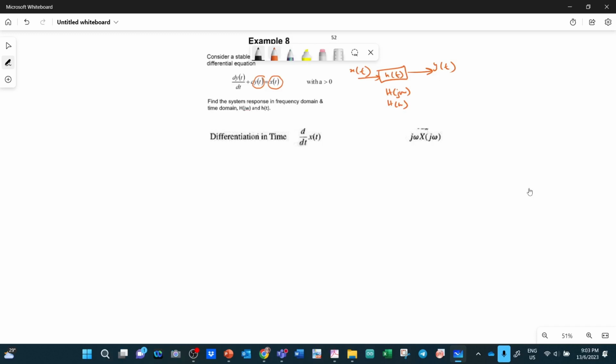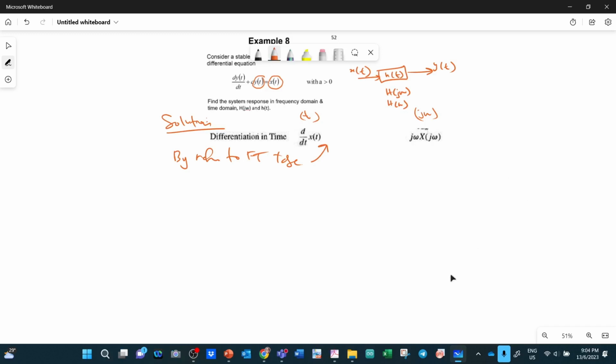So by referring to the Fourier transform table, the solution is that we are going to compare it directly. This one is in time domain, this is in frequency domain, j omega. So you are given d/dt x(t). For this case it is dy/dt.